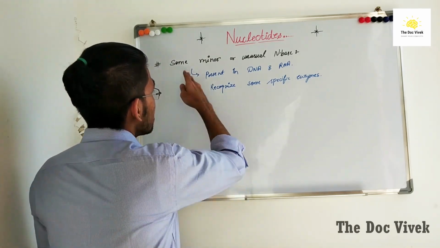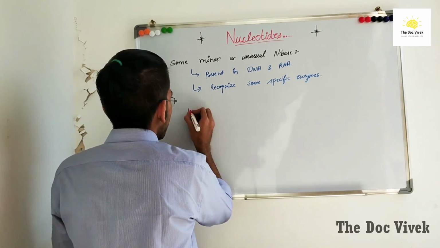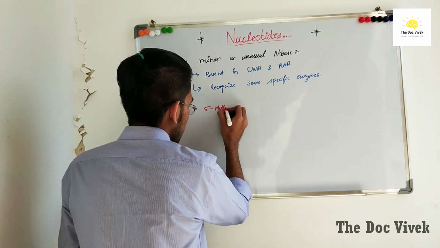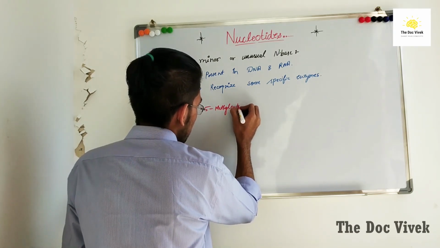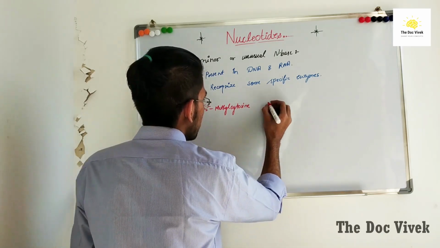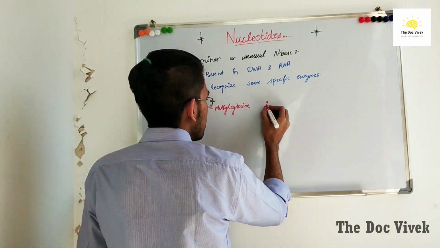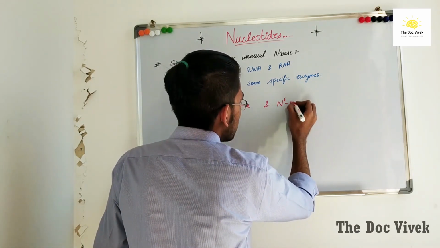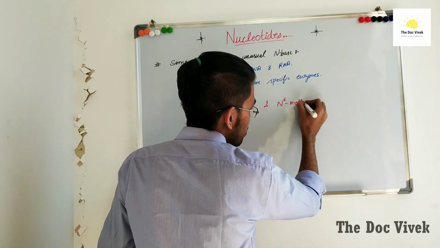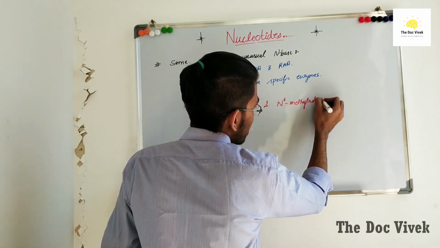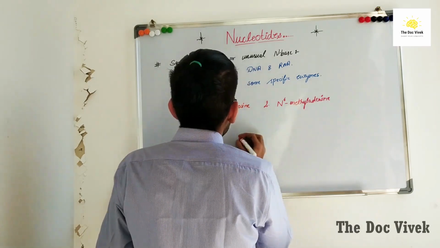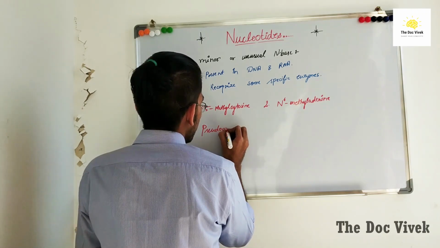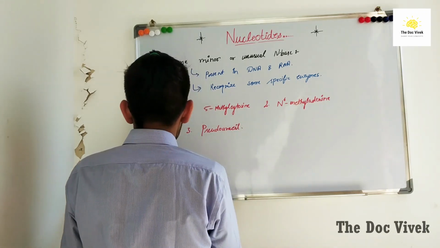And these minor bases are 5-methyl cytosine, N6-methyl adenine, and the third one is pseudouracil.